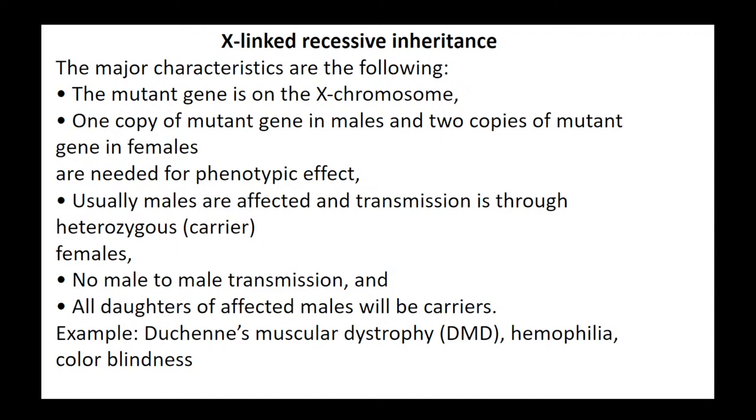We call these females carriers. There is no male-to-male transmission, and all daughters of affected fathers are carriers. Examples of the X-linked recessive type of inheritance are Duchenne's muscular dystrophy, hemophilia, and color blindness.